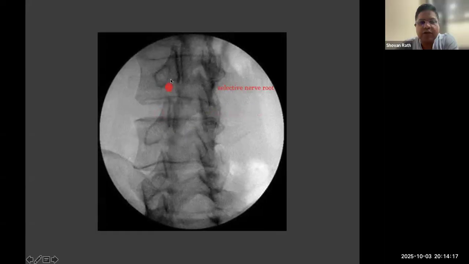And this is the position for the subpedicular approach, or the 6 o'clock position, just below the pedicle. If you enter there, you can target the exiting nerve root, or you can go for a selective nerve root block. Also, if you want to go for a DRG, dorsal root ganglion radiofrequency ablation, this is the position.